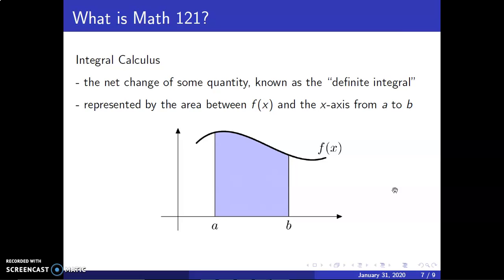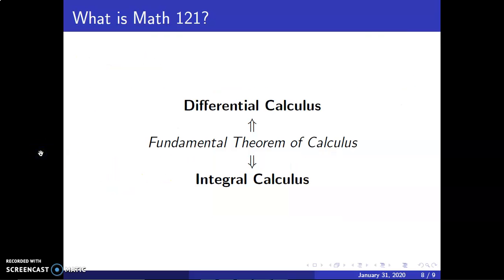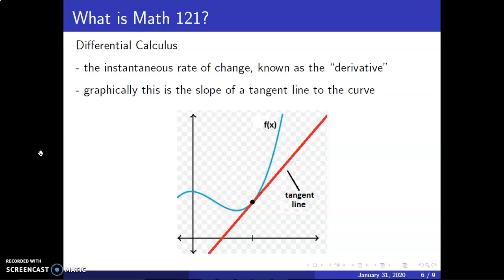Now this seems like, how could this be connected to the idea of the instantaneous rate of change in the derivative? Back on the previous slide, if I can, there we go. Right here in the first three quarters of the course, we're studying the tangent line, and really the slope of the tangent line is what we're interested in.